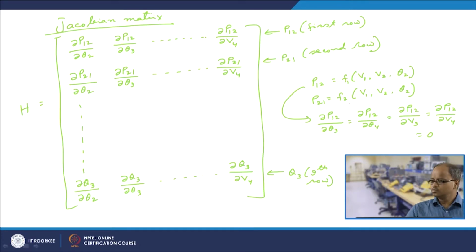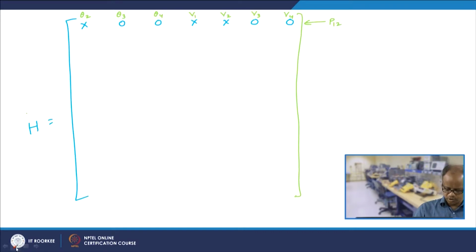Similarly, for P21 also it would be V1, V2 and theta 2, so 0, 0, 0, 0, non-zero, non-zero, 0, 0. So, this would be P21.